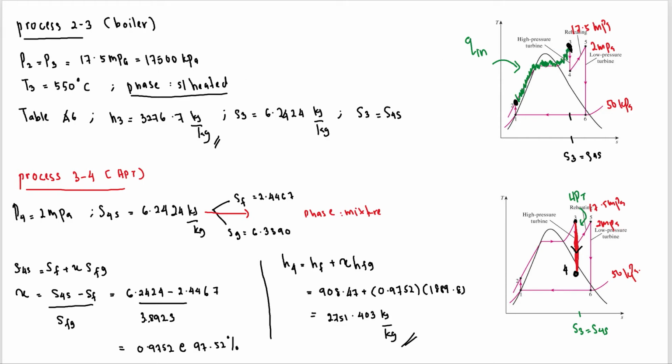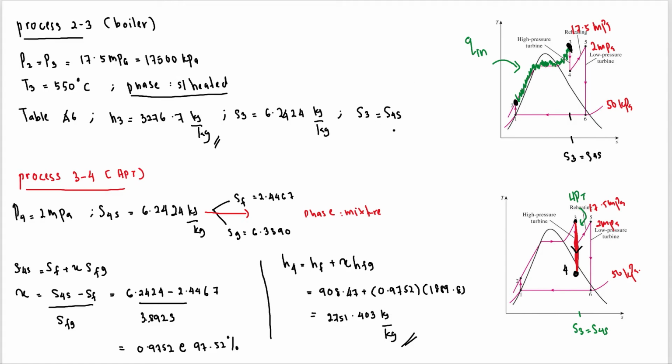Since this is superheated, I refer to table A6. In A6 at 17.5 MPa with temperature 550 degrees Celsius, h3 is equal to this value, and I also find s3 because s3 is equal to s4s.